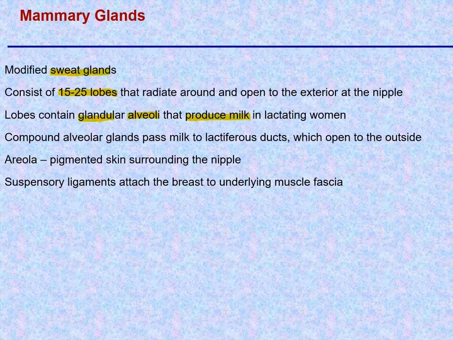Females lactate if they've become pregnant, and that milk can be passed into the lactiferous duct that opens to the outside. The pigmented skin around the external nipple is called the areola.